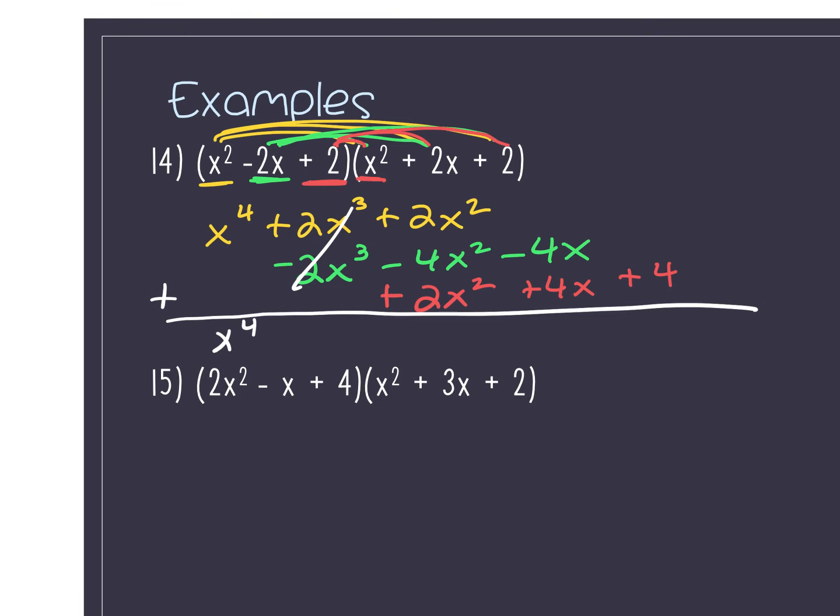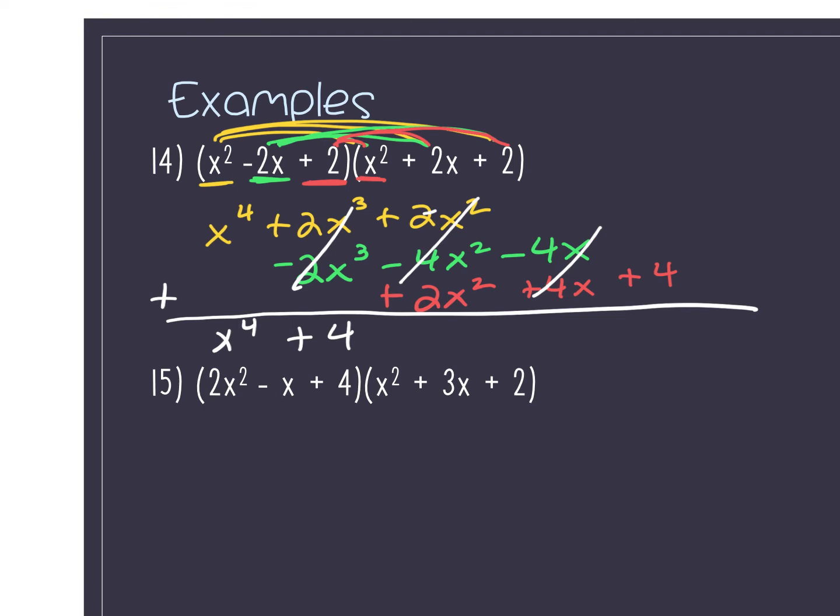There's nothing to combine because 2 minus 4 is negative 2, plus 2 is 0. So all of these leave you with 0. Same thing here. Negative 4x plus 4x is gone. Nothing to add to that positive 4 at the end. So the answer here, after I multiplied, is x to the 4th plus 4.